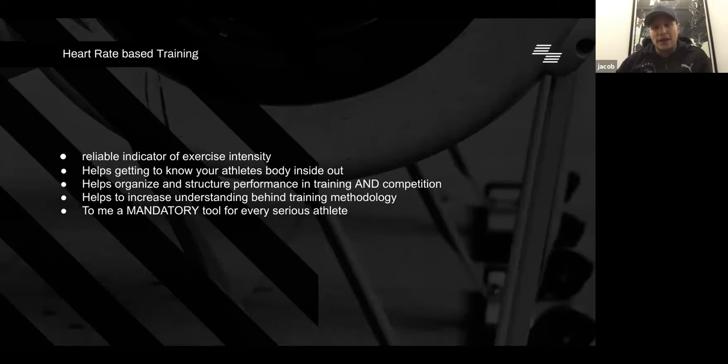I can still stay at this pace, and I'll be able to finish this competition strong. But the other way around, if they get into some kind of station, let's say the burpee broad jumps in Hyrox, and they're at 175, 180 heart rate, they know they have to slow down, because that will have an impact on their performance later in the competition.